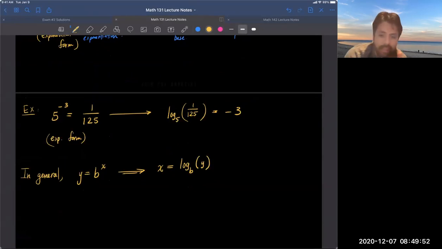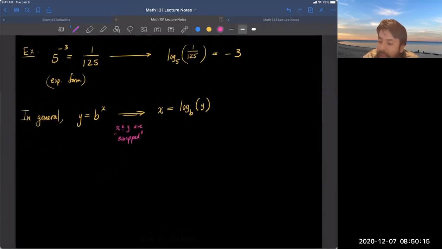So in a way, the x's and the y's are swapped. That gets interesting pretty quickly.